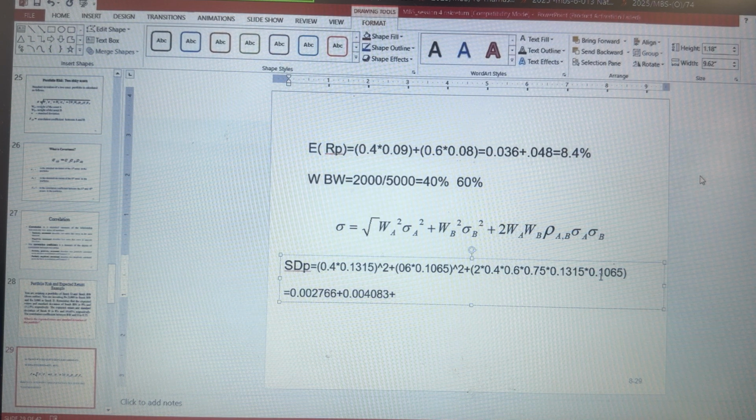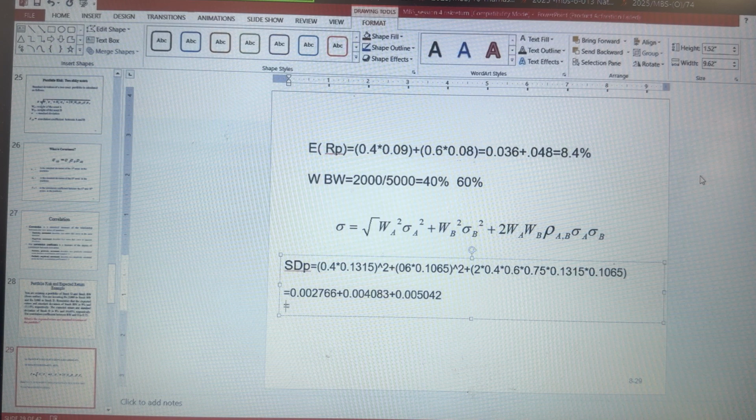0.1315 multiplied by 0.1065. So that becomes 0.005042. Now we can add all three, and that is the variation, right?